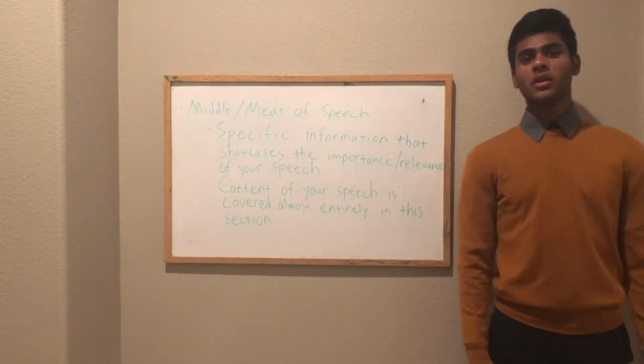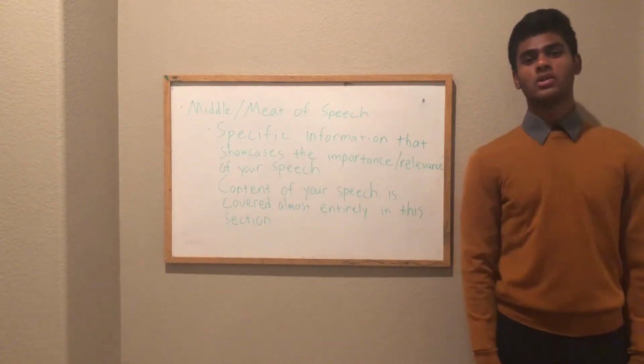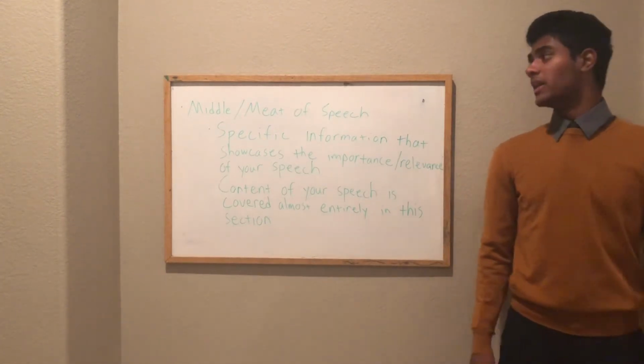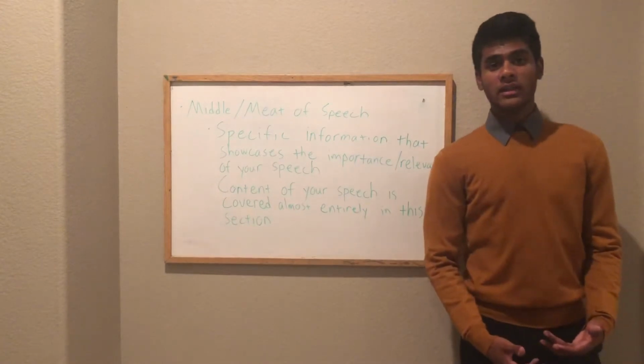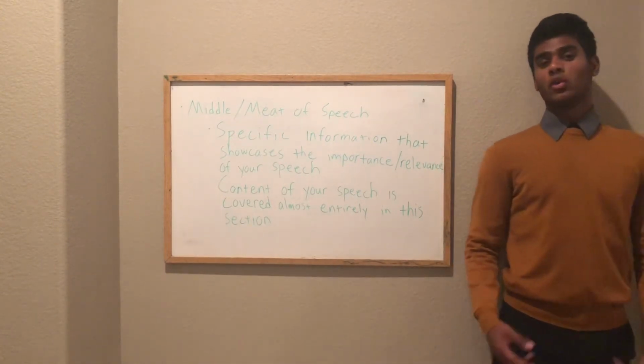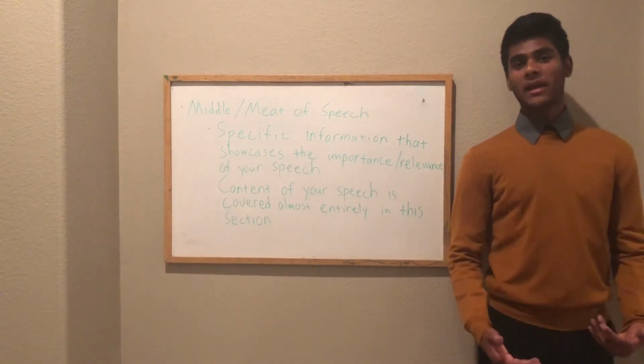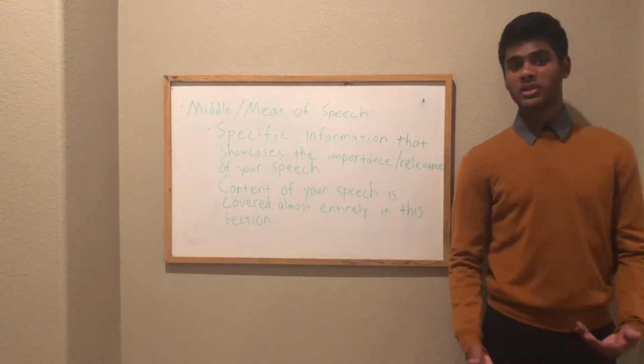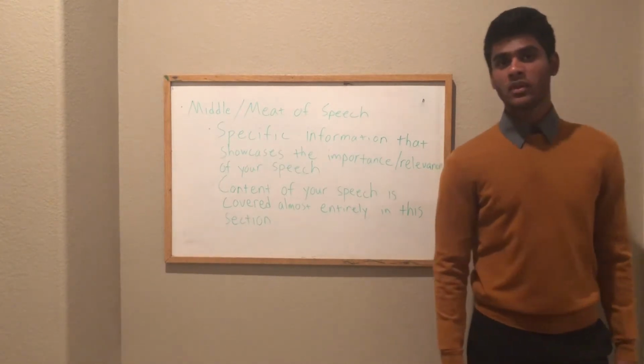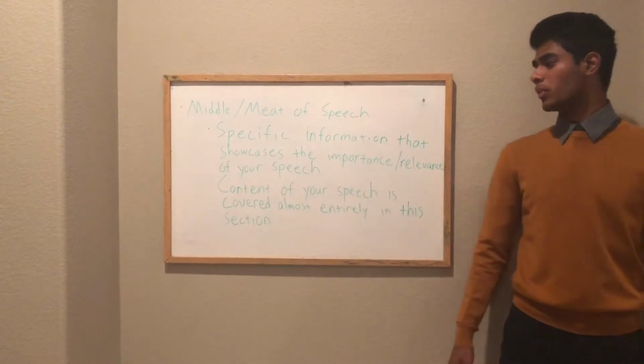In the introduction, you're just briefly addressing that question. But it is in the middle, in the meat of your speech, that your content really drives them to answer that question themselves. Right? That's why I have the second bullet point here.